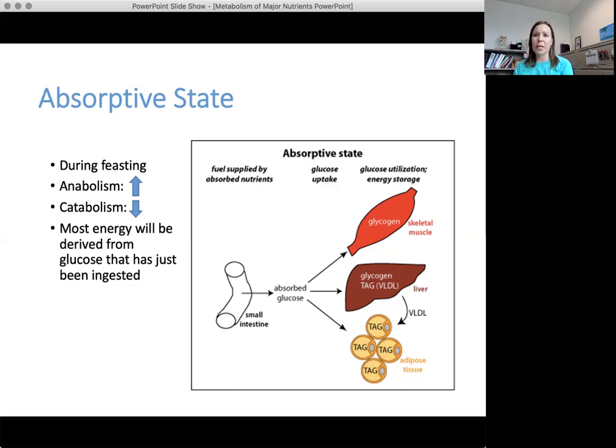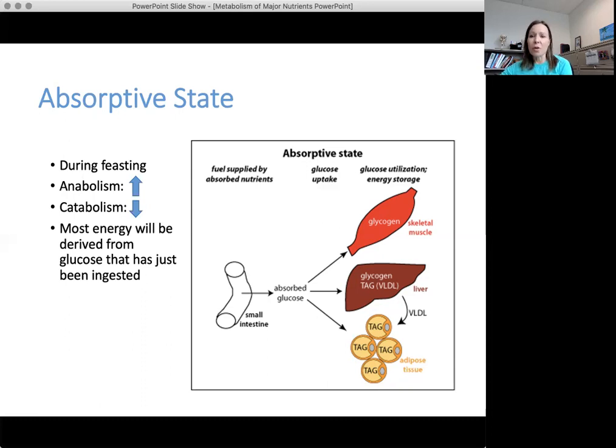Any excess nutrients, and typically there will be excess. Usually we eat more than we need right away for energy. So excess nutrients are typically converted into fat if they're not used for anabolism, and then they're stored as fat.